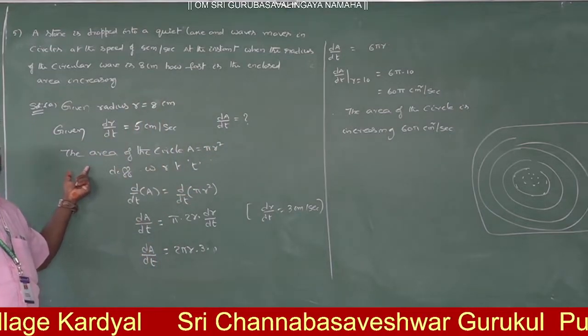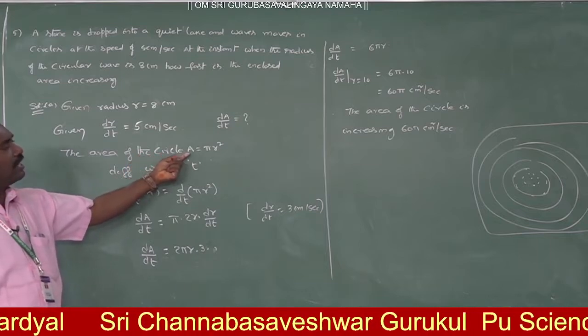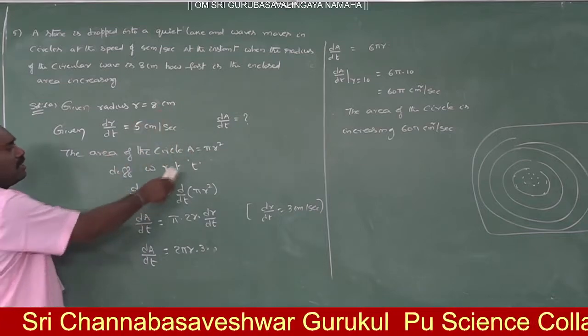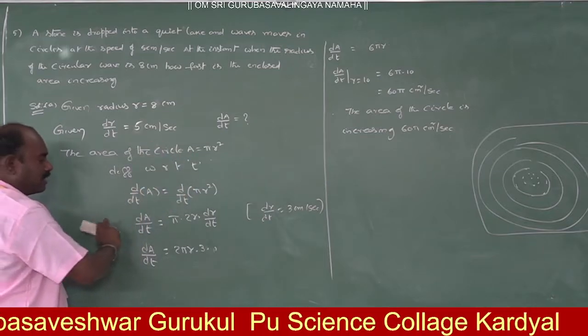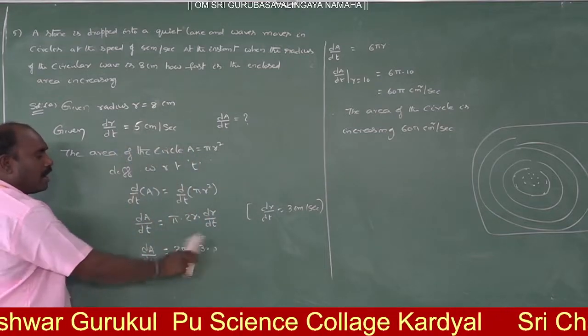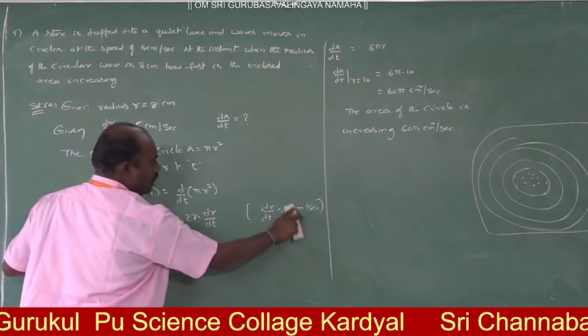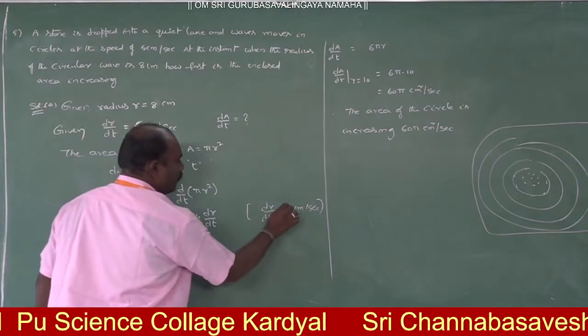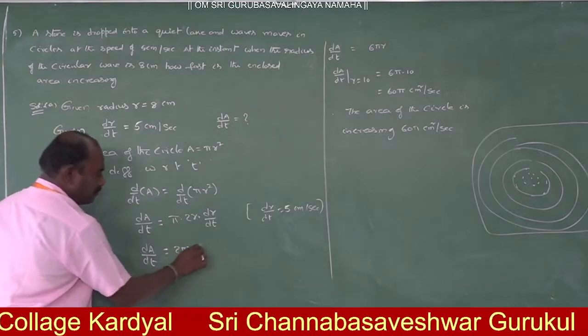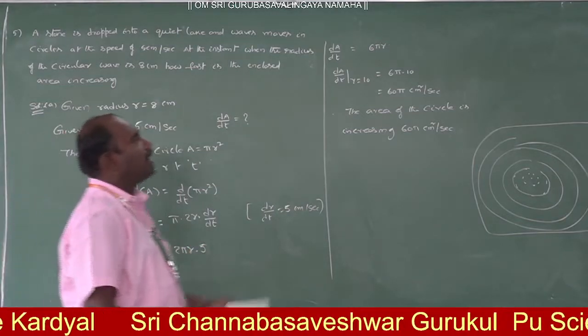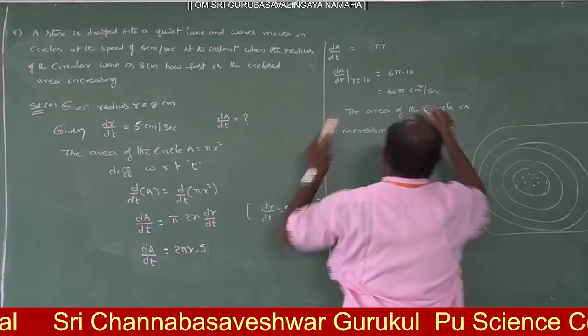The area of the circle, A equal to pi r square, differentiating with respect to t. dA by dt equal to this value, and here dr by dt is given equal to 5 centimeters per second. So this equals 10 pi r.